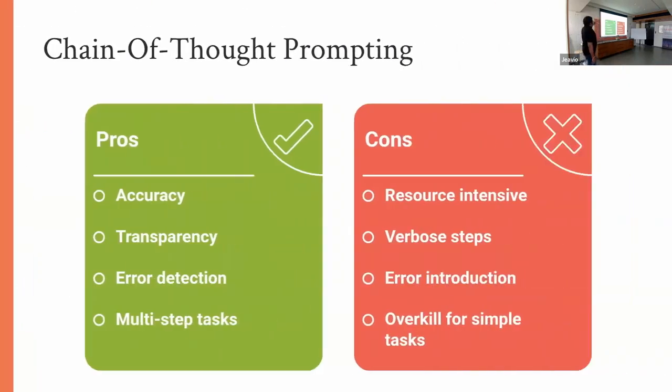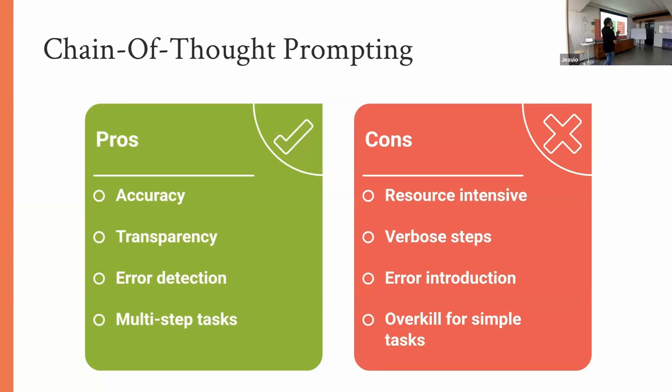As chain of thought has more advanced use cases, the pros are that it will increase the accuracy of the responses, because you are providing more details and allowing the LLM to go through step-by-step execution of the task. As it also displays all the steps it has taken to reach the answer, it makes the answer more transparent.